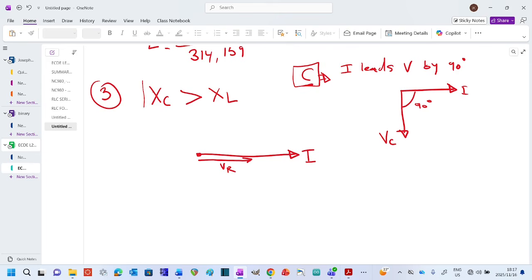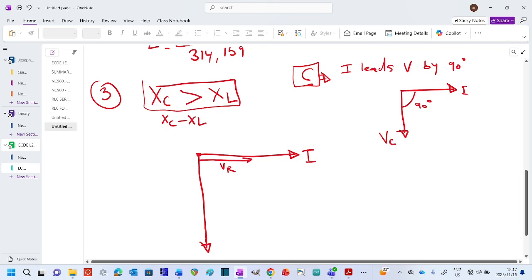So because XL is bigger than XC, this angle is going to be the XC minus XL angle. This capacitive vector here is the vector XC, sorry, we are dealing with voltage.